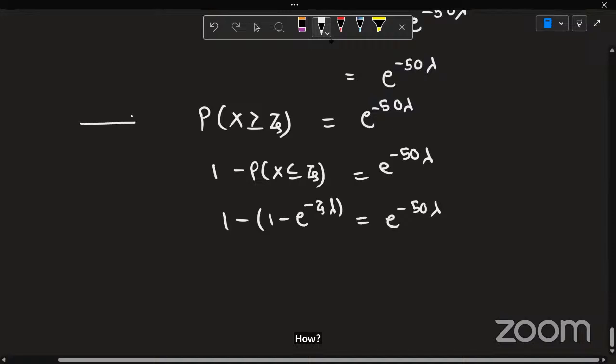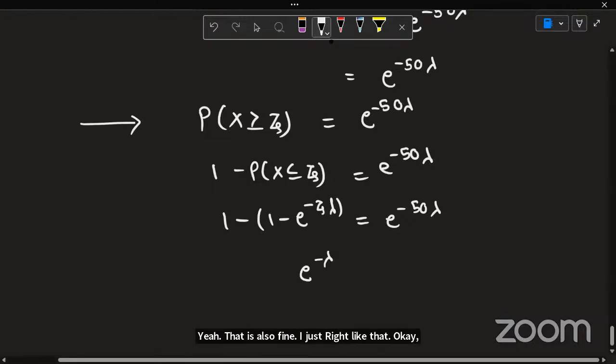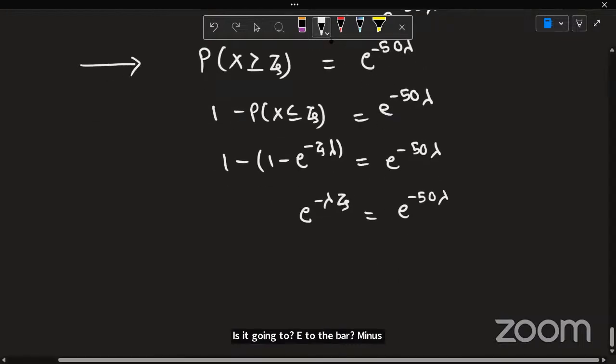That we have to calculate the z, it would be 50. Yeah, that is also fine. I just write like that. Then it will be e to the power minus z lambda is equal to e to the power minus 50 lambda. So once you equate, your z is equal to 50.